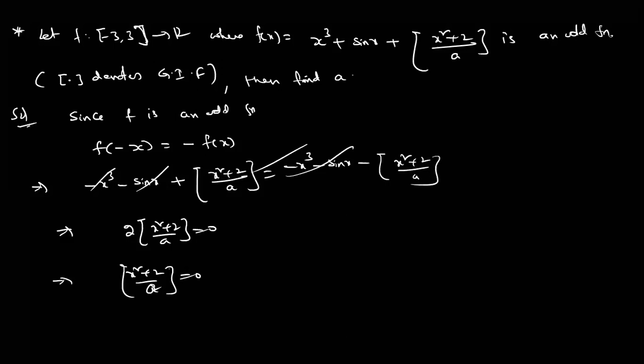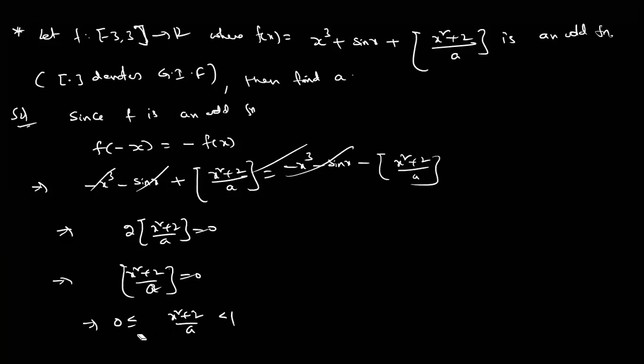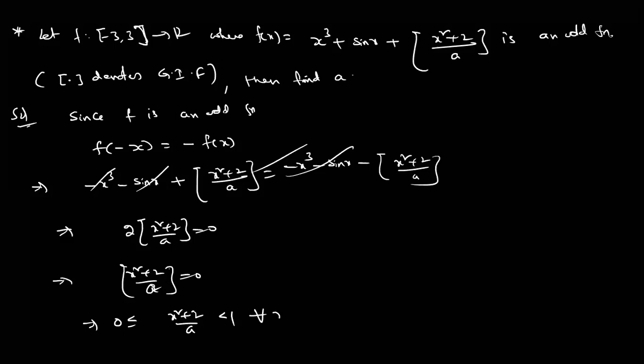That is, this value always lies between 0 and 1. That is the meaning. But what about x here? For all x belonging to minus 3 comma 3. Condition is given domain.